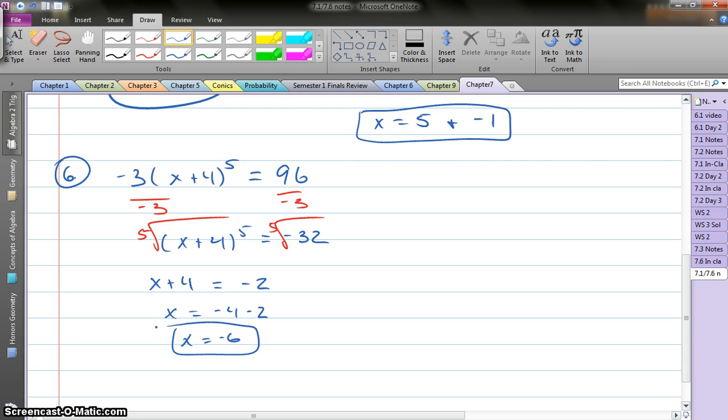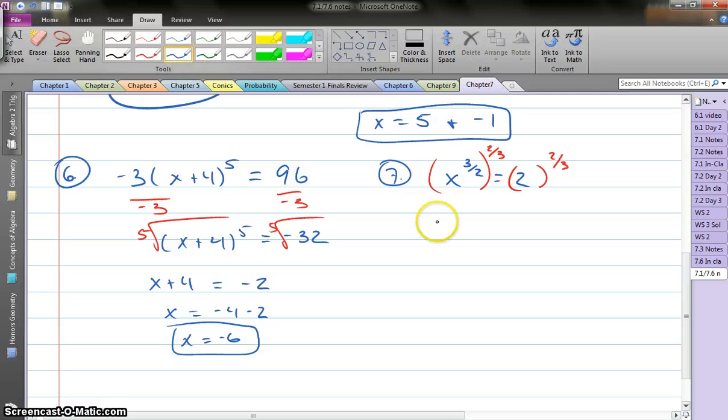So far our answers have worked out pretty nicely. We've gotten nice numbers, but what if I give you something like this? X to the 3 halves equals 2. Now, the first thing I would do to get rid of this fraction is go to the reciprocal power. So the reciprocal of 3 halves is 2/3.